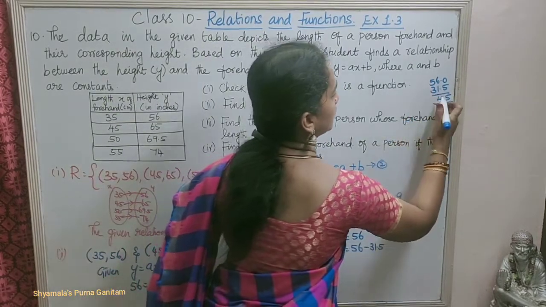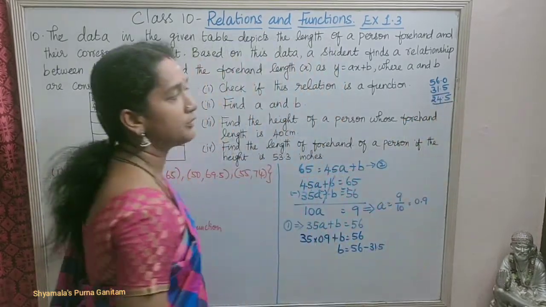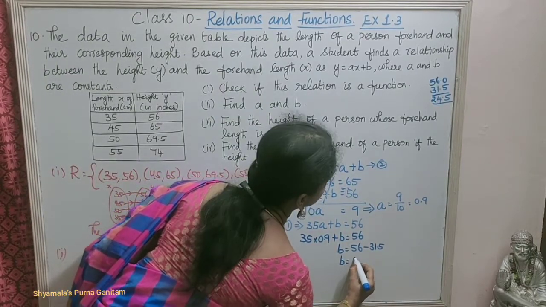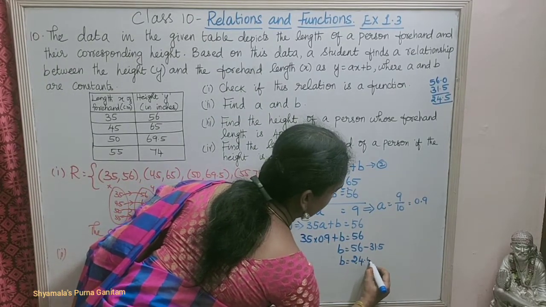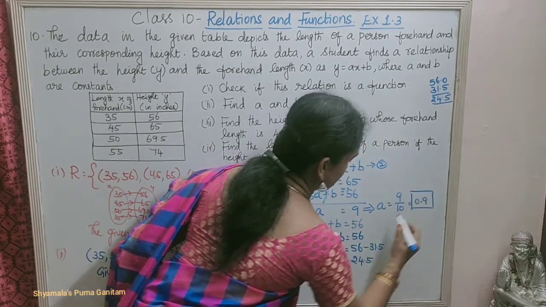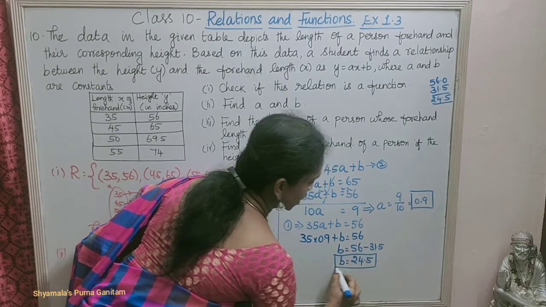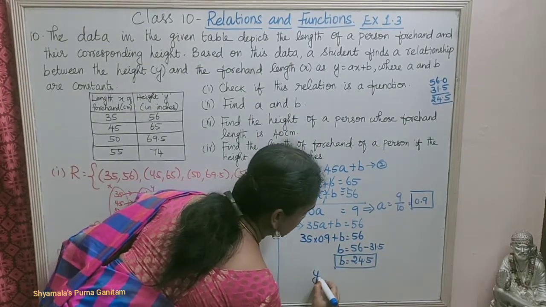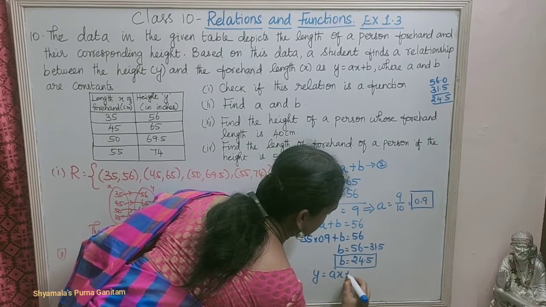This one is 2. 24.5. Okay. So the b value is 24.5. So the a value is 0.9 and the b value is 24.5. So y is equal to ax plus b.